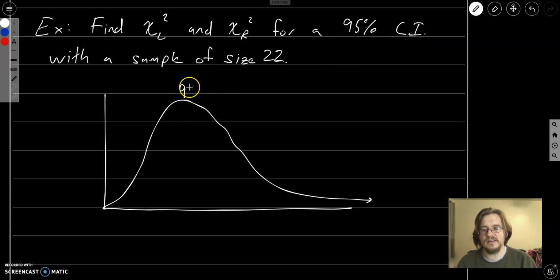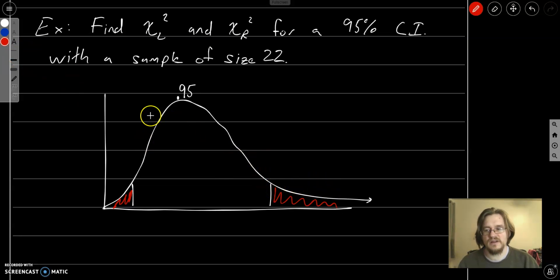We want 95% of the area to be in here, and the remaining 5% of the area should be beyond these two points.